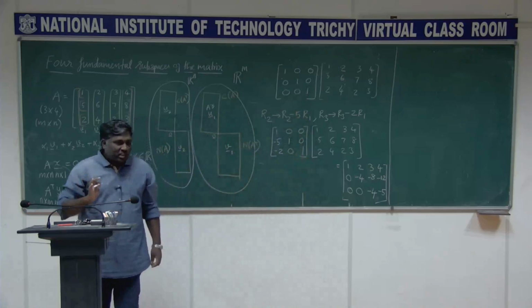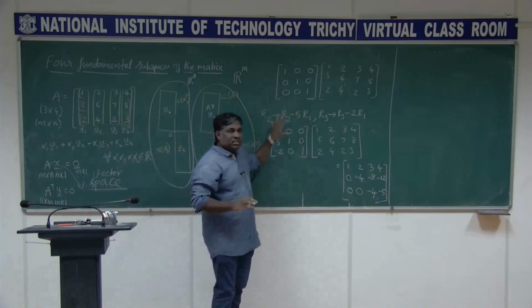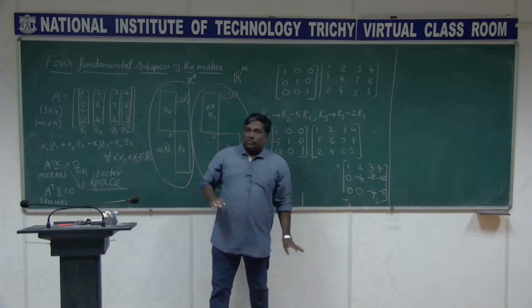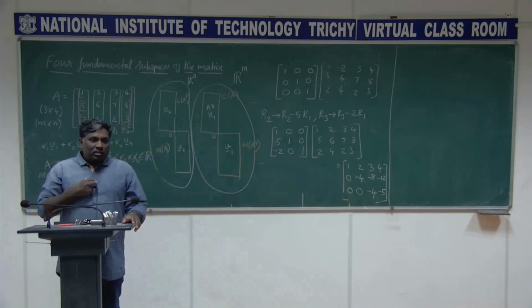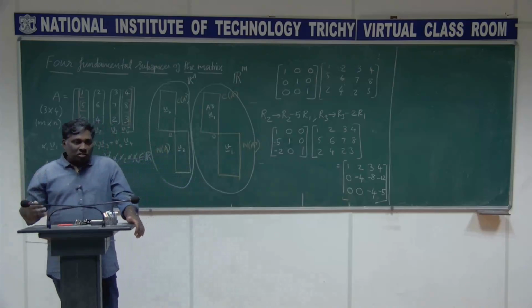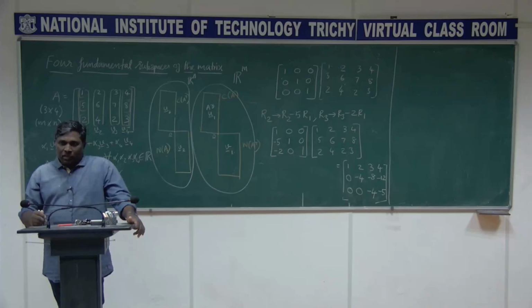So you can cross check that if I apply this same operation here, you will get this result, right? So this is really necessary to understand how the null space is obtained from the matrix A, how the column space is obtained from that matrix A, right? All those things.